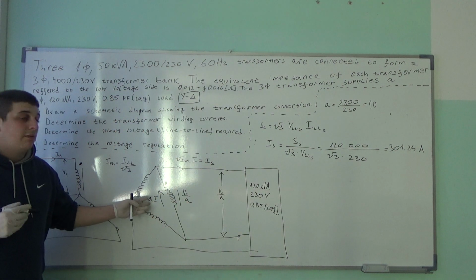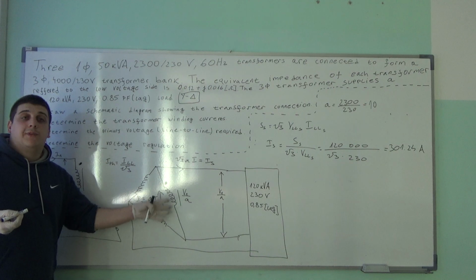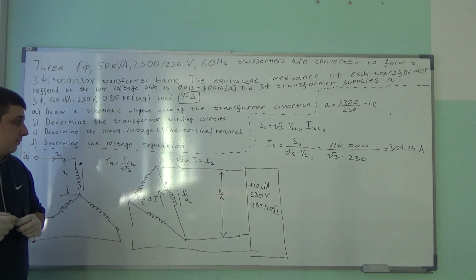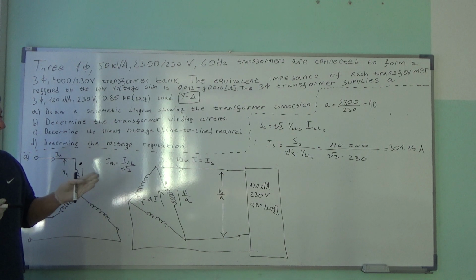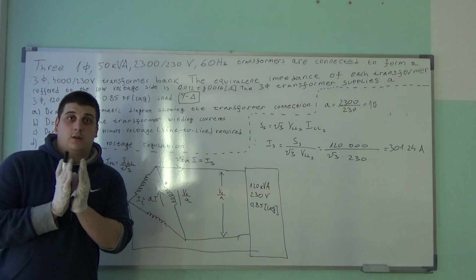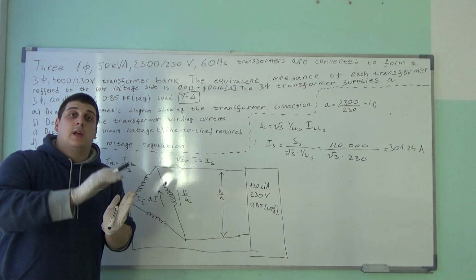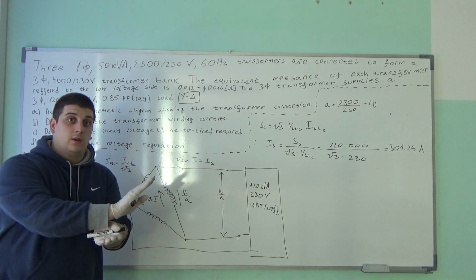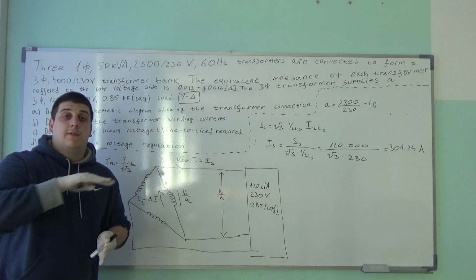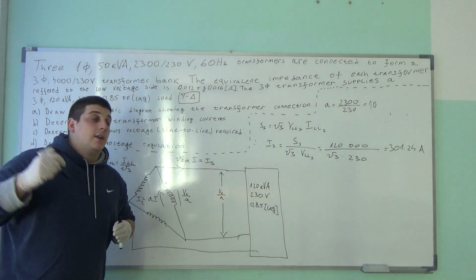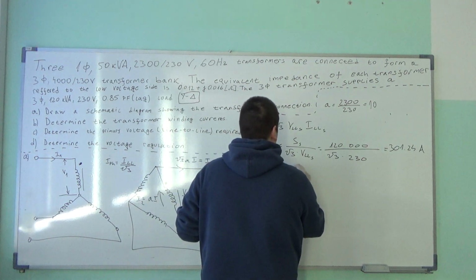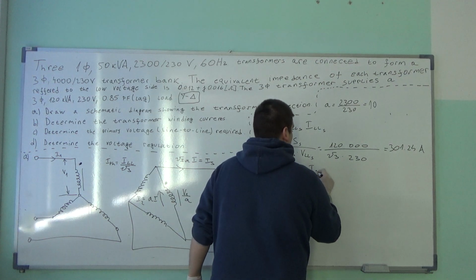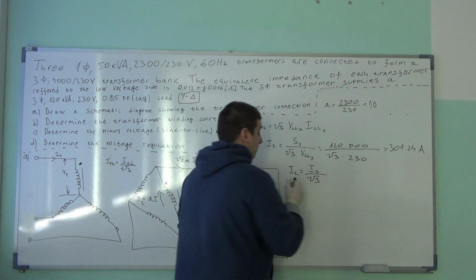Now, what is the current in the phase of this delta configuration, I2? Well, I2, the phase current in the delta configuration, is the line current that comes into the delta configuration divided by the square root of 3. So the I2 must be equal to I_S divided by square root of 3.